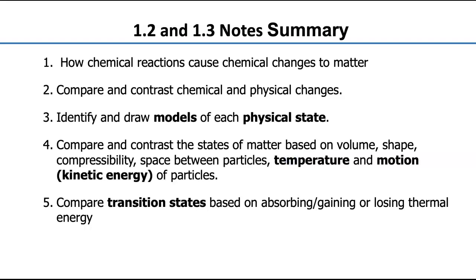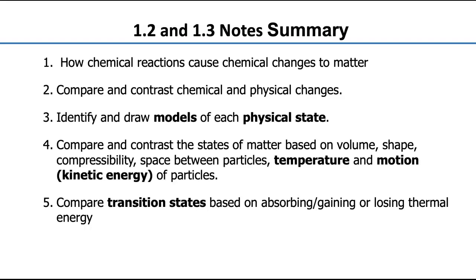So here's the summary of 1.2 and 1.3 and the end of our lesson. We learned how chemical reactions cause chemical changes to matter, and we compared and contrasted chemical and physical changes. You can now identify and draw models of each physical state, solid, liquid, and gas.